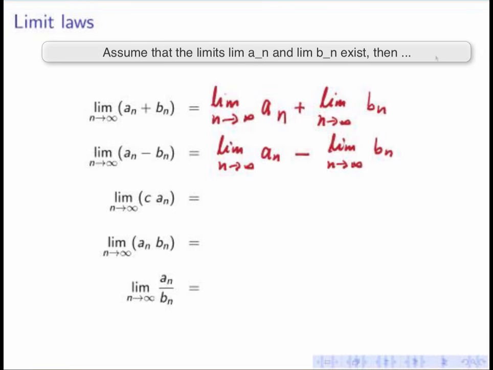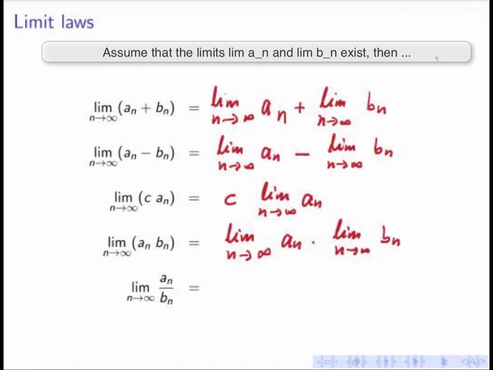If you multiply by a scalar like c, then the limit of c a_n is c times the limit as n goes to infinity of a_n. And for a product, you can take out the limit as well. So the limit of a_n times b_n is the same as the limit of a_n times the limit as n goes to infinity of b_n.